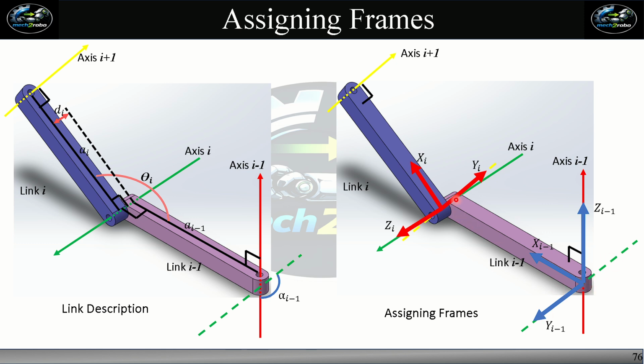Similarly, the y-axis can be along this direction or to the bottom. Thus we can easily assign frames to different links of a robot's mechanism.